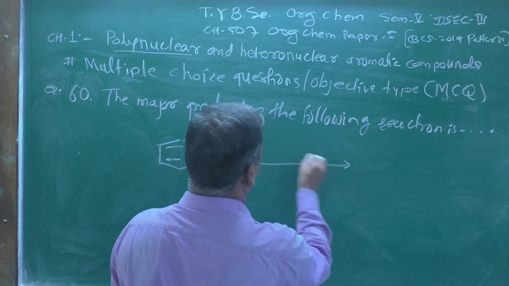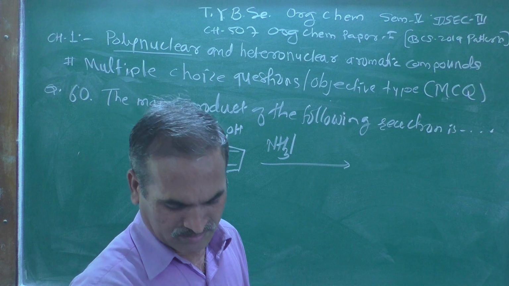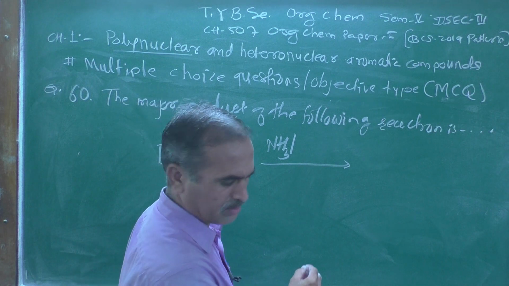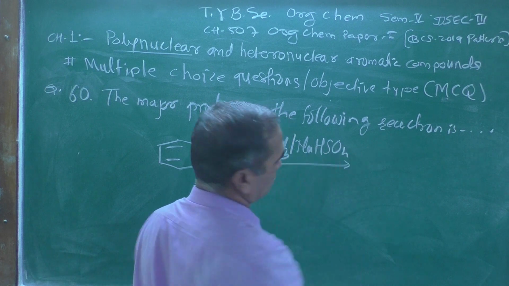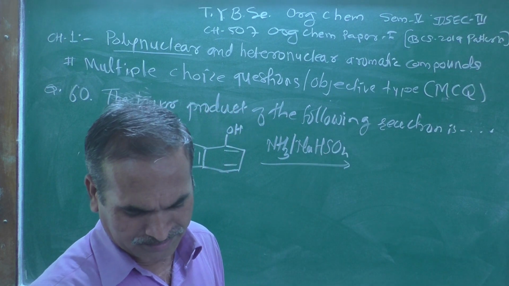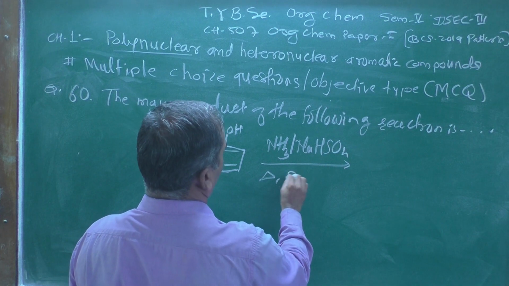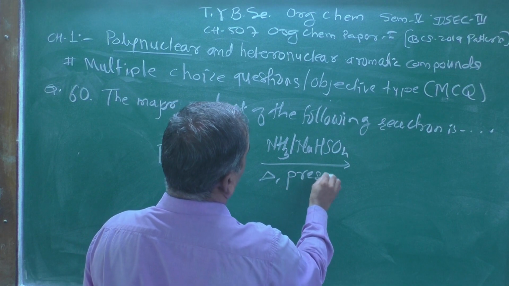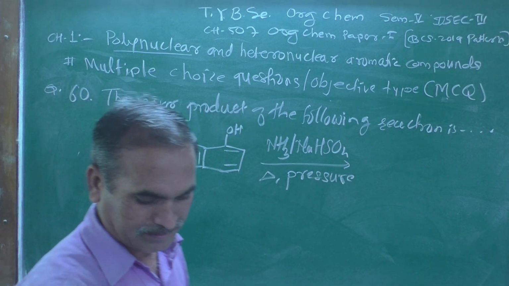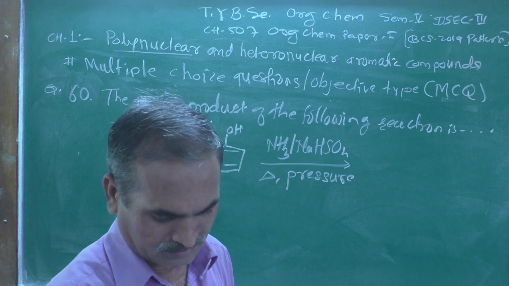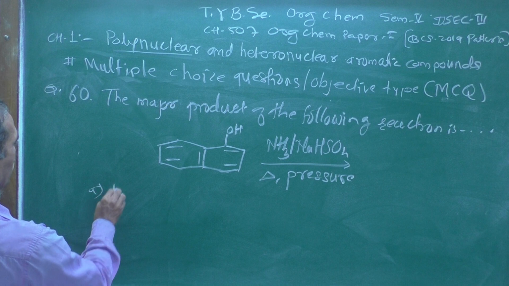When it is treated with NH3 ammonia in presence of sodium bisulfite, heat at high pressure, the resulting compound obtained will be what? And the options are given.